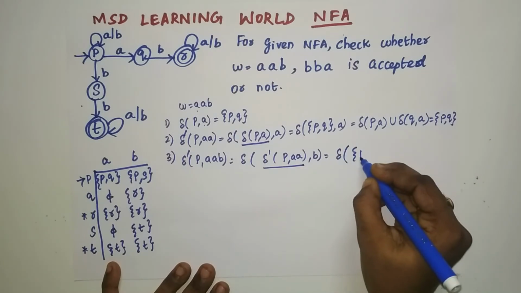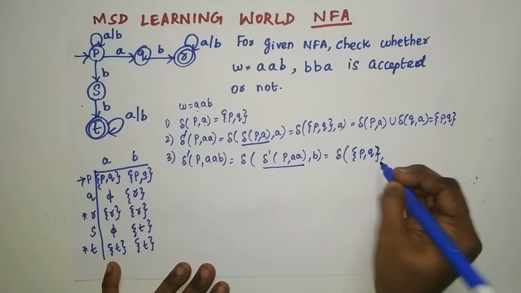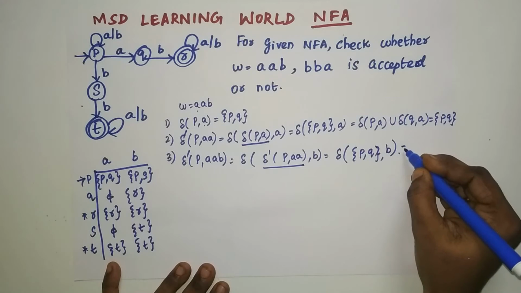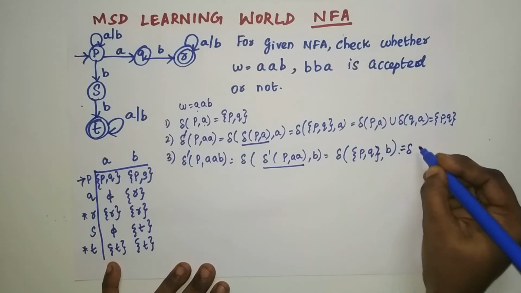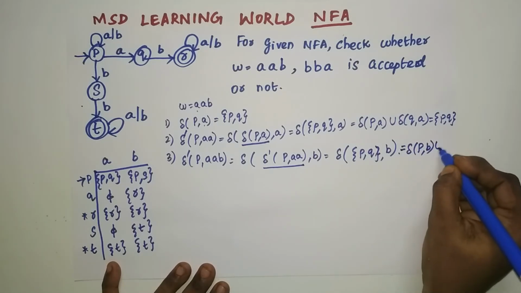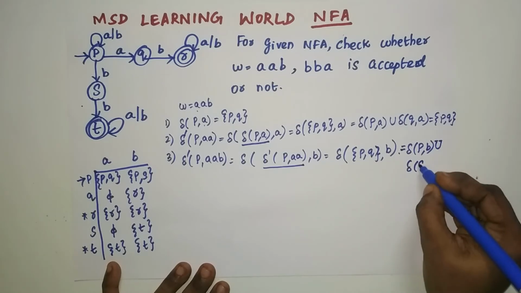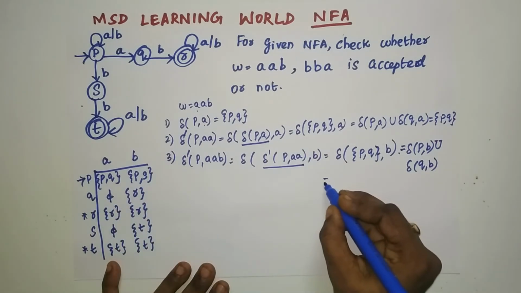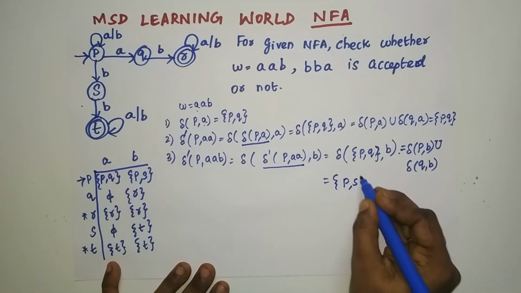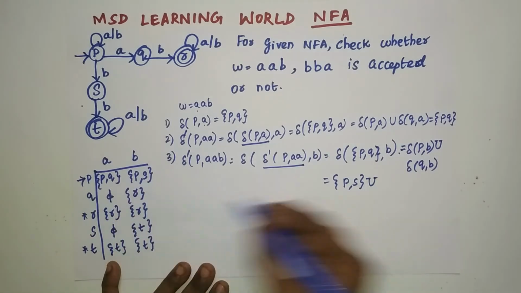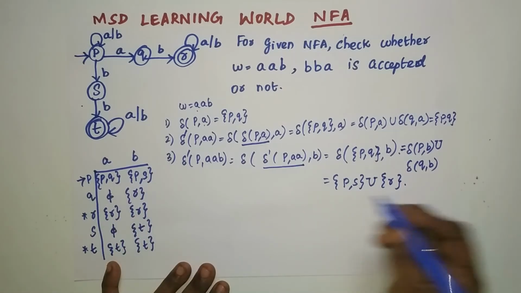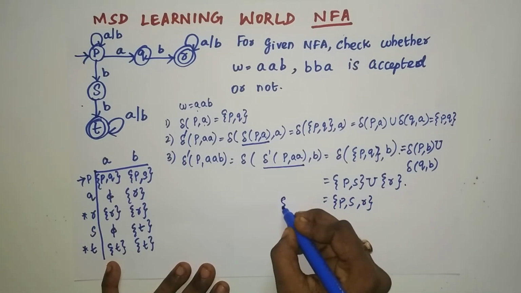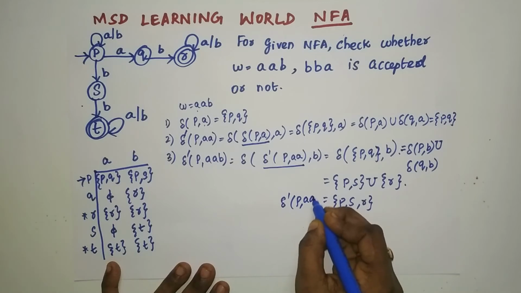So we need del of {P, Q}, B, which can be rewritten as del of P, B union del of Q, B. Del of P, B is {P, S}, union del of Q, B which is R. So now we have {P, S, R}. This is del dash of P, AAB.